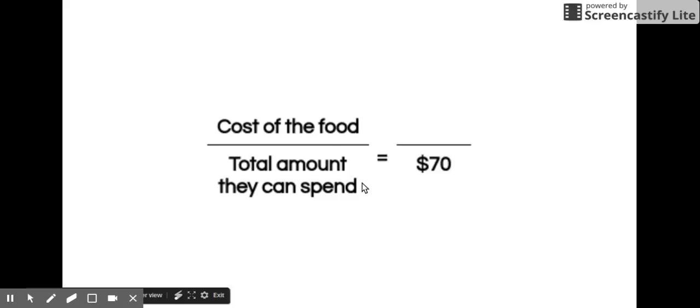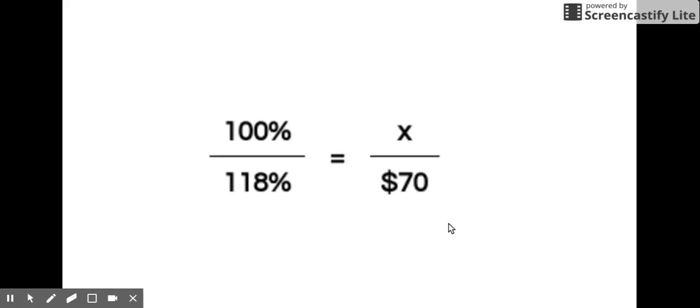Okay, so let's set up our ratios. We've got the cost of the food over the total amount they can spend is equal to X over 70. So 100% of the cost of the food over 118%, the amount they have, is equal to X over 70. So now we're going to solve for X to see how much they can spend.